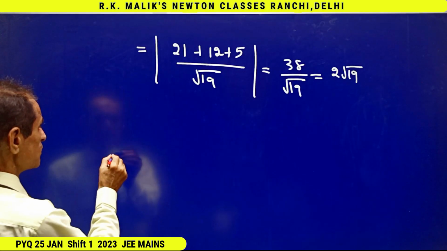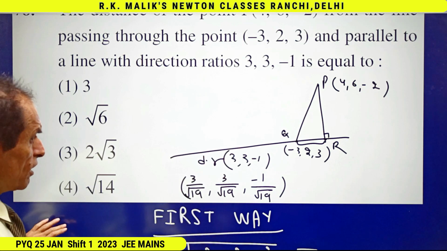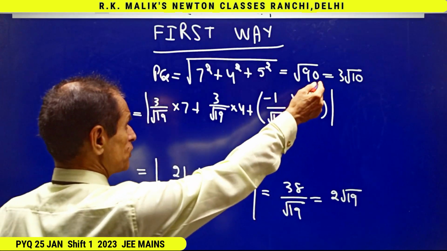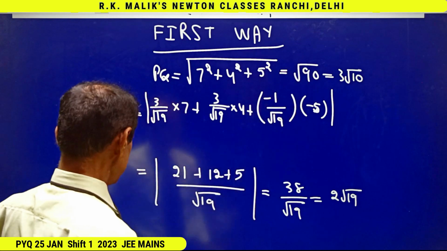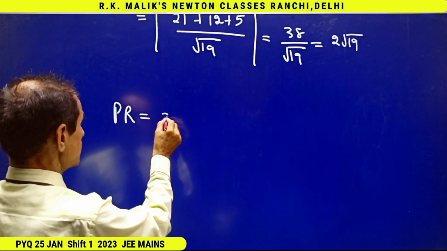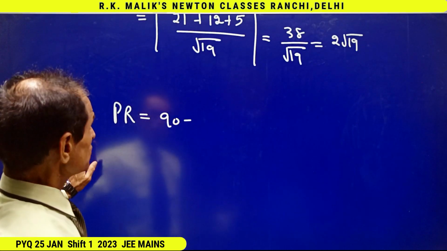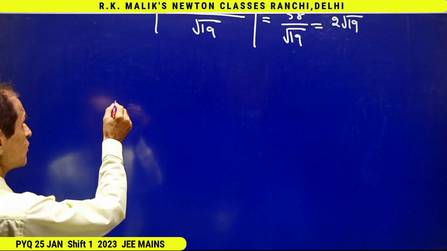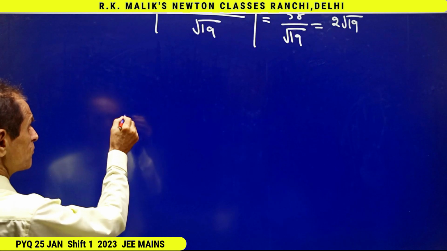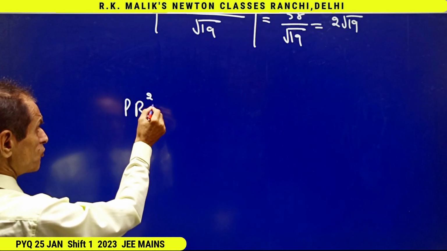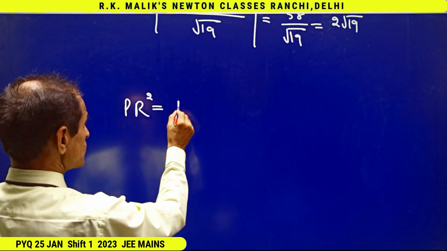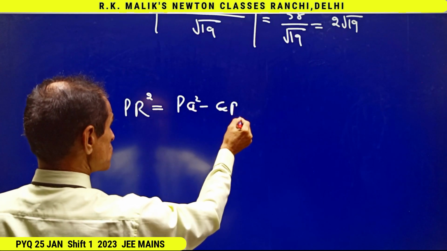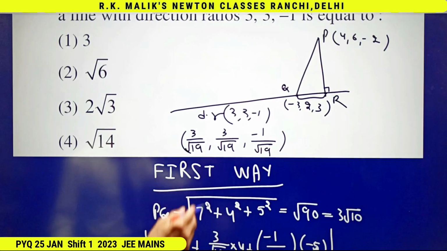Hence, we conclude that the distance PR, PQ square minus QR square. PQ square is 90, QR is 2 under root 19, and therefore using Pythagoras theorem, PR square is equal to PQ square minus QR square.